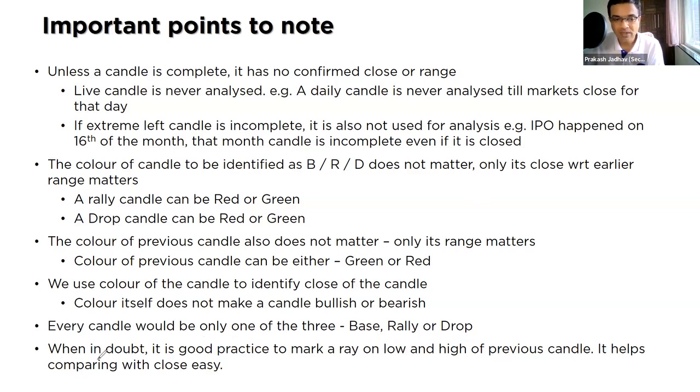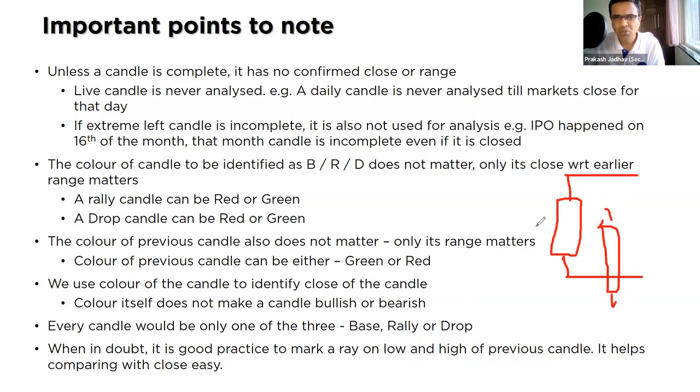When in doubt, it's always good practice to mark a ray on the low and high of the previous candle, and it helps you understand the close easily. So I have been marking rays like this, remember. This is a candle's high and low. Generally I mark this ray to know whether the next candle has closed below or above.